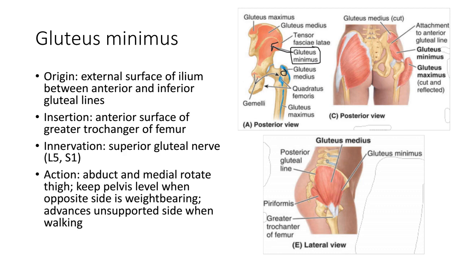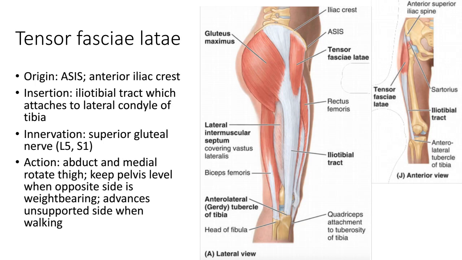Then we have the tensor fascia lata. The origin of this muscle is the ASIS and the anterior iliac crest. Then it inserts into the iliotibial tract, which attaches to the lateral condyle of the tibia.